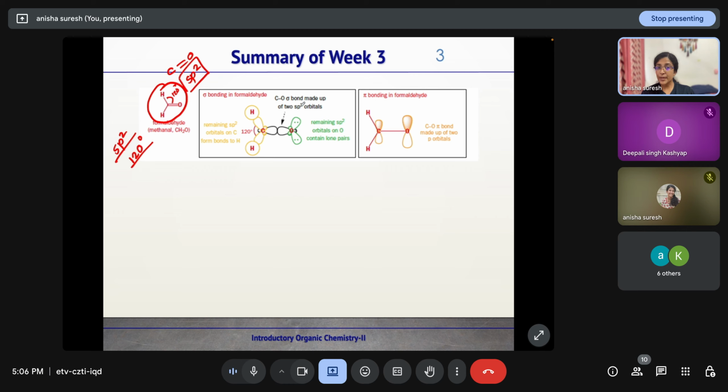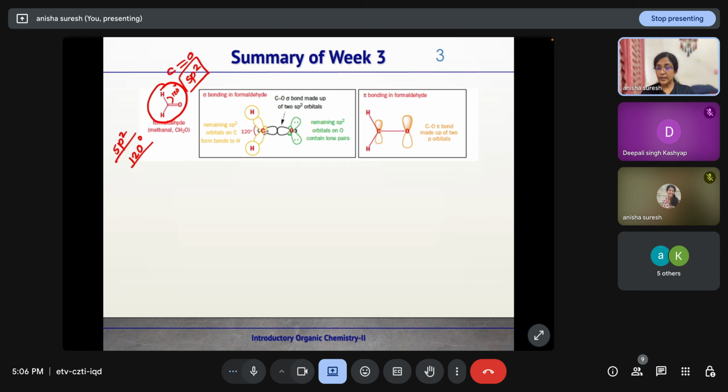So the CO sigma bond is made up of two sp2 orbitals. Both carbon as well as oxygen will have two more sp2 hybridized orbitals, right?